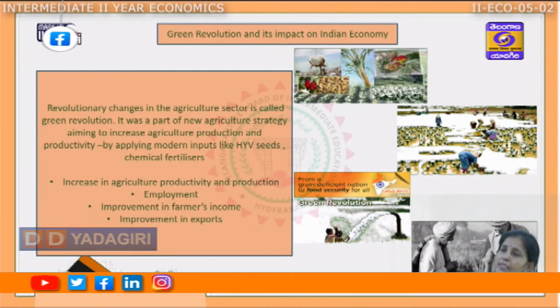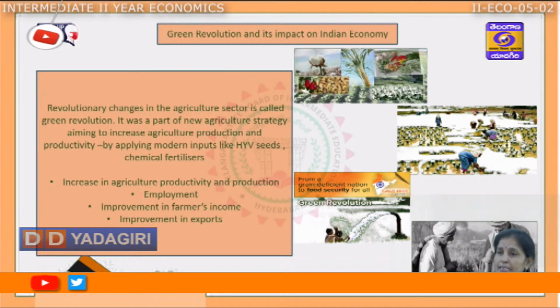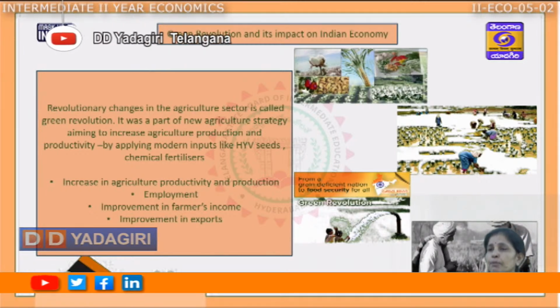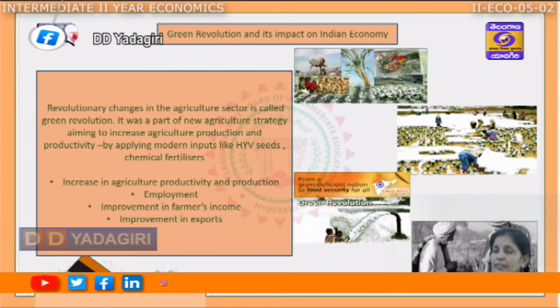When employment is increasing, definitely the economic returns of the farmers also increase. And the next one is improvement in the exports of the country. The volume of exports has increased tremendously, drastically, after implementation of the Green Revolution.